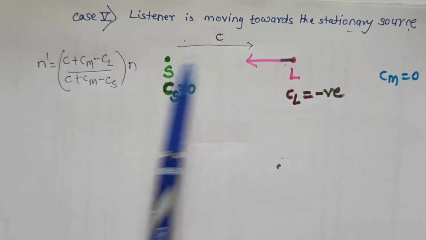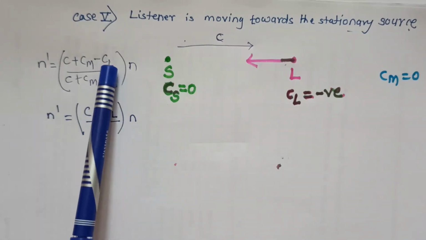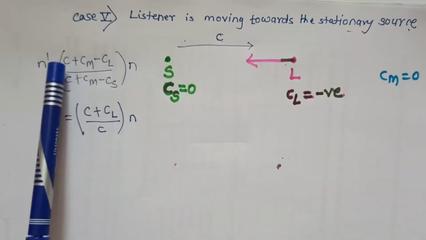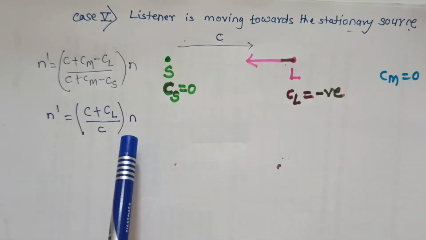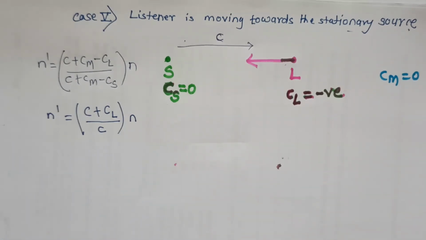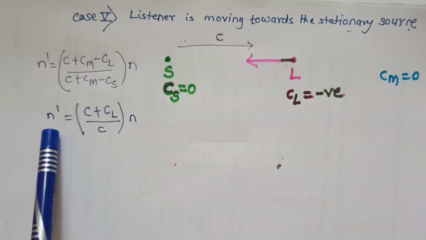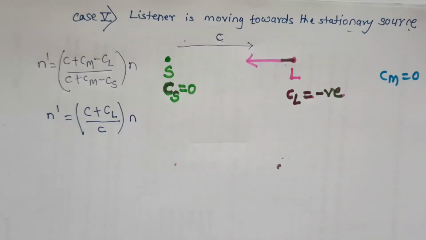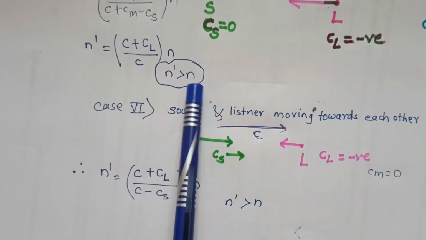Put these conditions in this equation, then n dash is equal to (c plus cl) divided by c into n, since cl is negative. The equation shows that when the listener moves toward the stationary source, the frequency of sound increases, so n dash is greater than n.